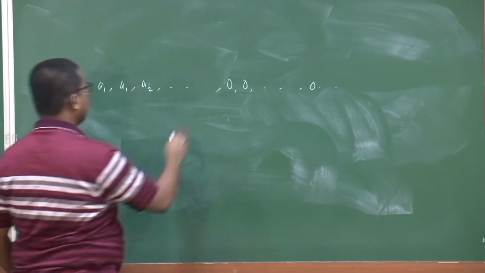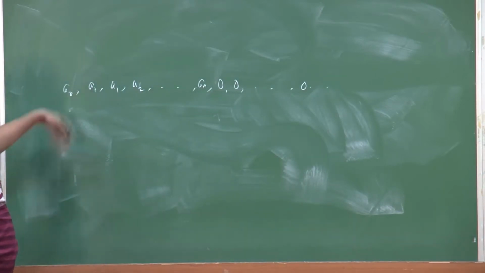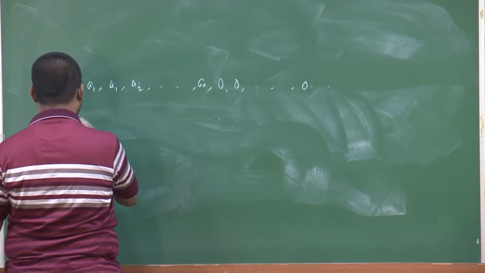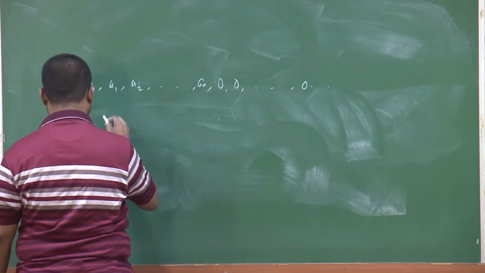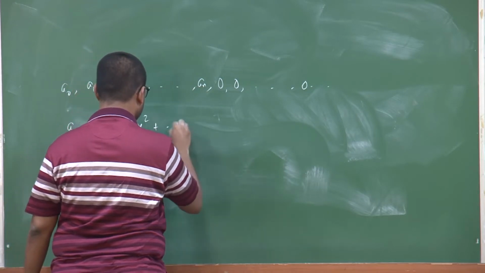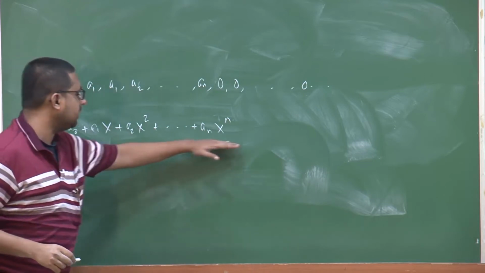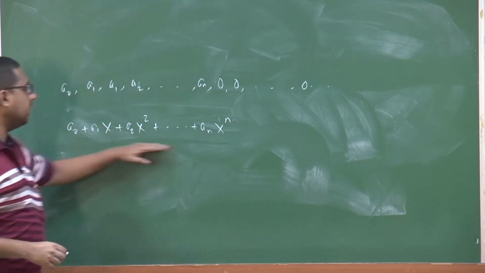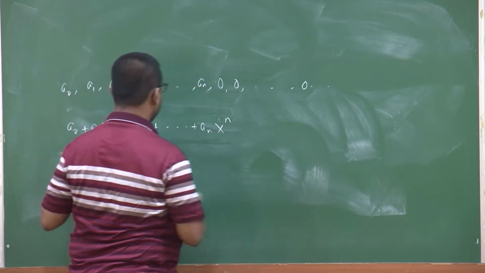Suppose beyond the nth term all these are 0, then we write this sequence by this symbol as well. Okay. So, basically this is nothing but a way of writing this sequence, right.